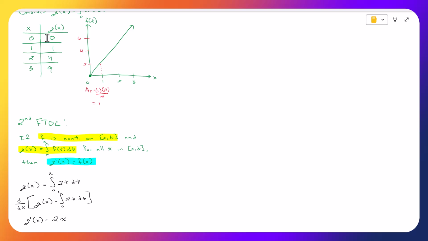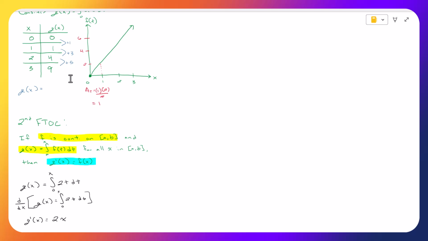Well, we're going +1, +3, +5. I don't know if you've ever learned this sort of trick before, but we can tell that this function is not linear because it's going +1, +3, +5. It's not a constant rate of change.